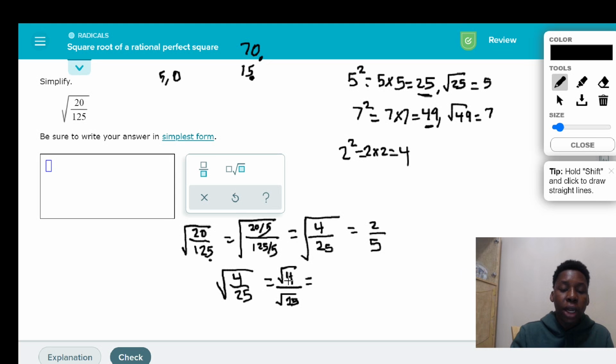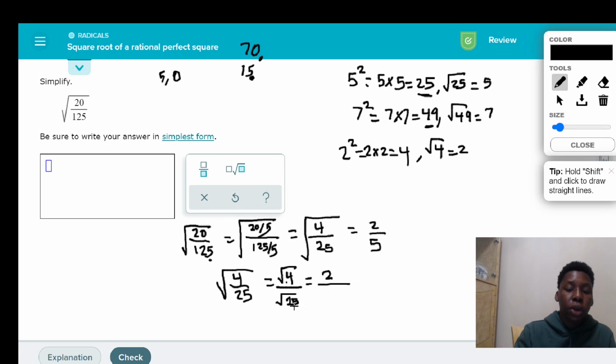So now we're asked to find the square root of 4, and we know that 2 had to multiply itself twice for us to get a 4. So the square root of 4 is equal to 2.